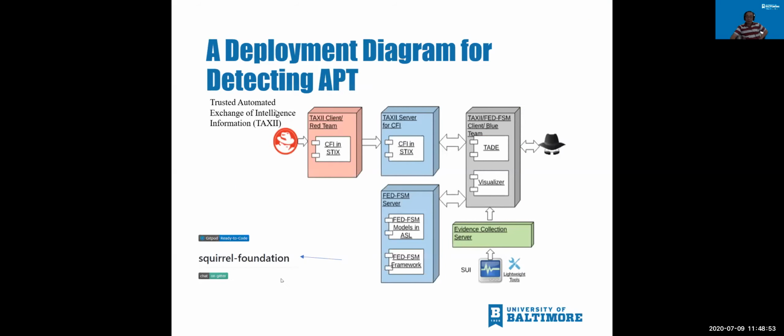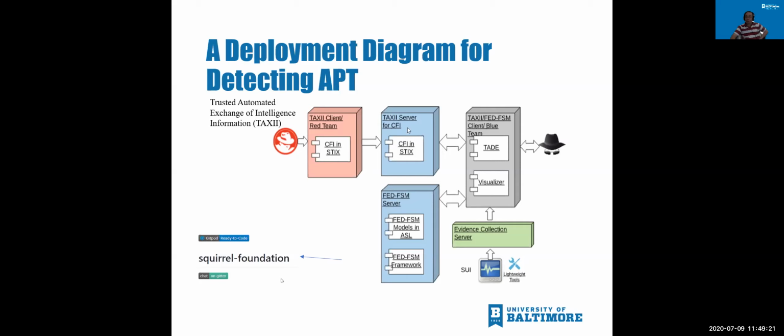Here is the deployment diagram for detecting APT. Here is what's called a cyber forensic intelligence client. Everyone can upload their intelligence to the server, so many clients can submit their information if they want to share it with the server.